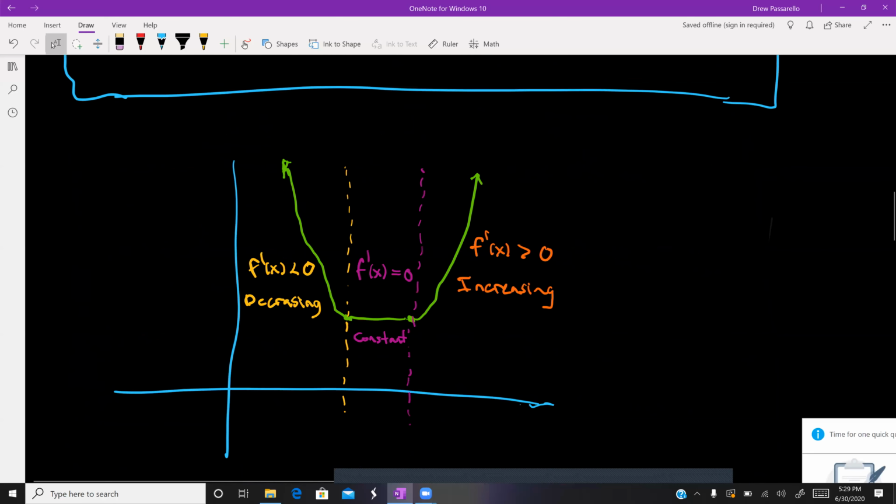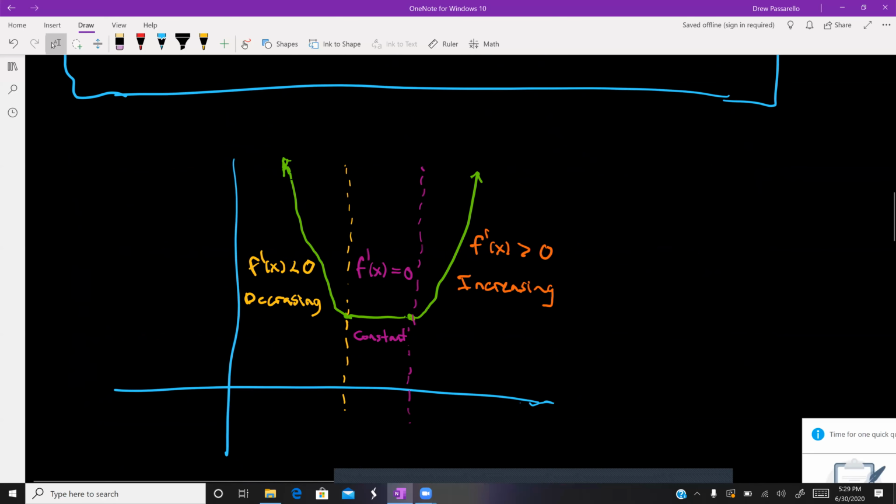I drew a picture, and here the first portion is decreasing. I drew a yellow horizontal line to signify where it switches from decreasing to constant. For the left portion, to the left of that yellow dashed line, it's decreasing, which means its derivative f prime of x is less than 0. Then in the middle I have constant, a horizontal line, so its first derivative is equal to 0.